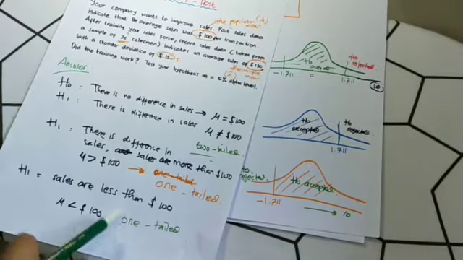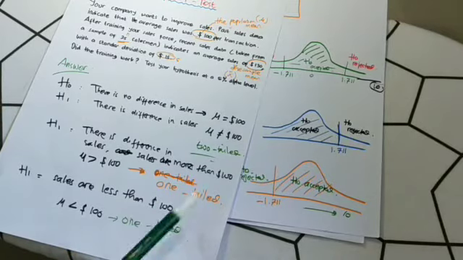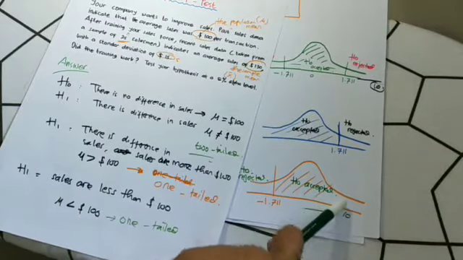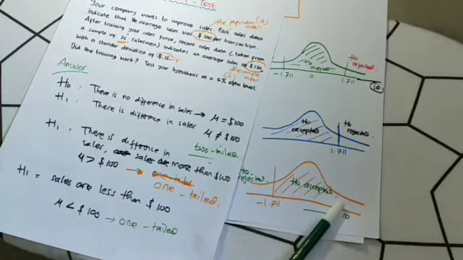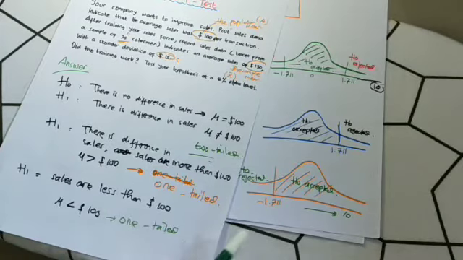And for this one, the null hypothesis is sales are no less than $100. So for this one, the null hypothesis is accepted, meaning that sales are no less than $100.